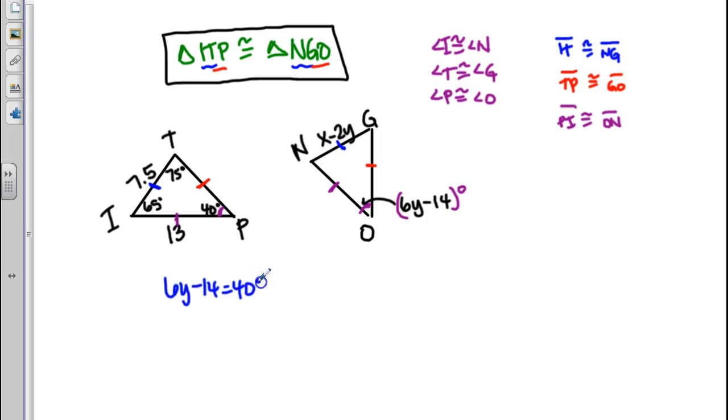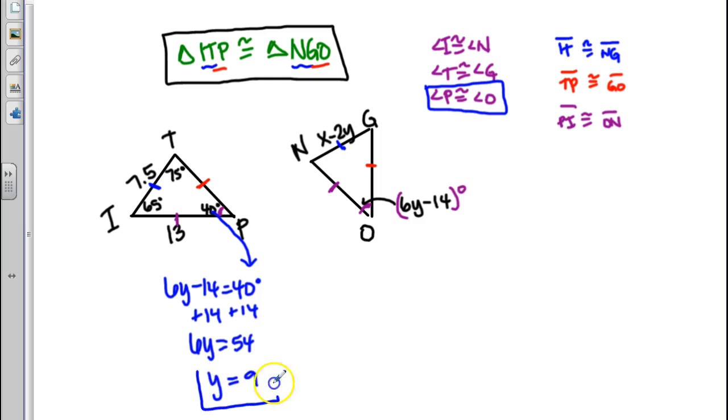And I can do that because angle O is congruent to angle P. Angle P's measure is 40. Angle O's measure is 6y minus 14 degrees, so we'll solve for y there. All right, so adding 14 to both sides, 6y equals 54, and then dividing both sides by 6, we see that y is equal to 9.